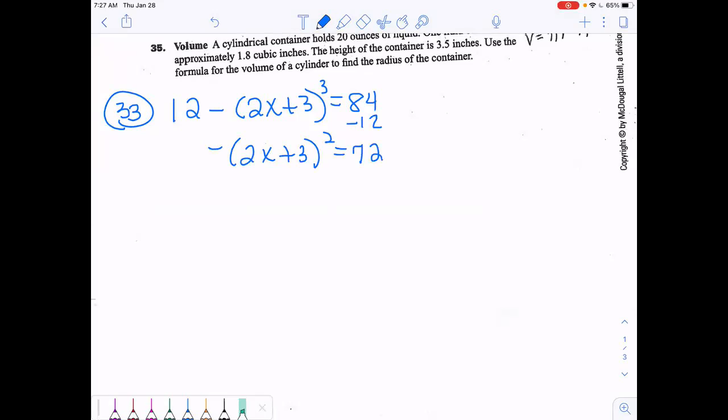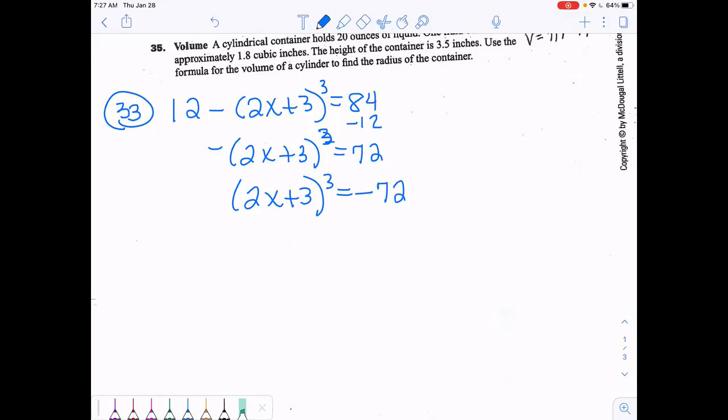And this is a cubed here, not a squared. And then the next thing that I would want to do is get rid of that negative because that whole quantity is negative. No, it doesn't distribute through. I just need to divide it out and take it to the other side. So this is 2x plus 3 cubed, and now it's negative 72.